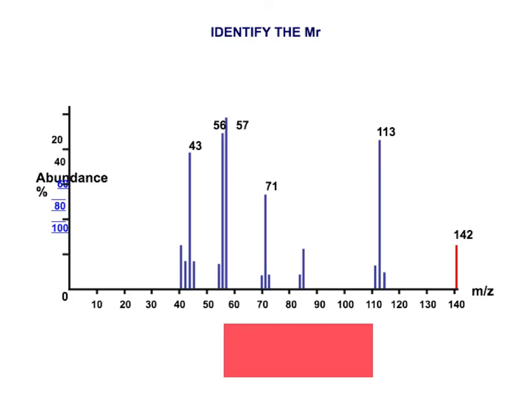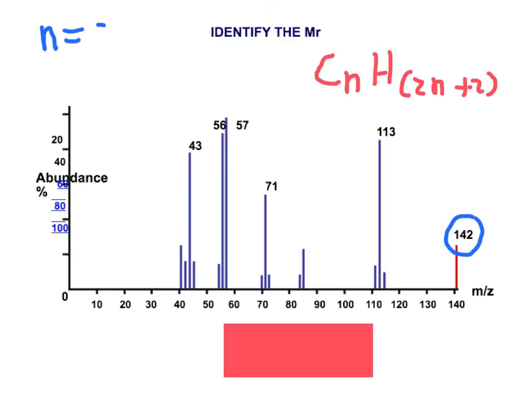If I told you that this was an alkane, you could actually work out which alkane it was. You should know from GCSE that the general formula for an alkane is CnH2n+2. So all you have to do is put in various values for n until you get a total relative molecular mass of 142. For example, if I put in n equals 5, that means I've got 5 carbons.